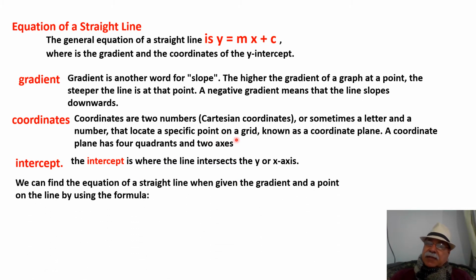We can find the equation of the straight line when given the gradient and a point on the line by using the formula، حتى نجد قيمة هذه المعادلة أو رسم المعادلة أو تحديد المعادلة. Sometimes a question asks me to find the equation, sometimes he gives me the equation and wants the gradient, or sometimes he gives me the gradient and coordinate and wants me to draw the equation.